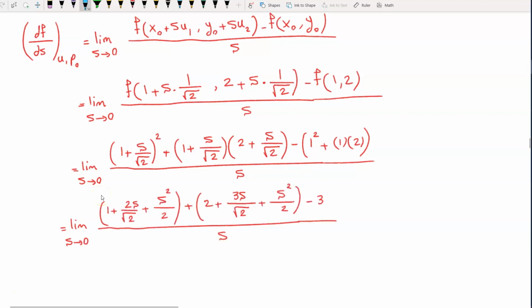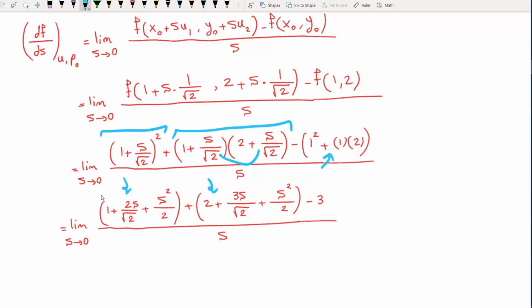So for the first part, this is equal to 1 plus 2 times s over square root of 2 plus s squared divided by 2. For this part, multiplying, that is equal to 1 times 2 is 2, then 1 times s over square root of 2 plus 2 times s over square root of 2, so that is 3 times s over square root of 2, then plus multiplying these two, s over square root of 2 times s over square root of 2, which is s squared divided by 2.